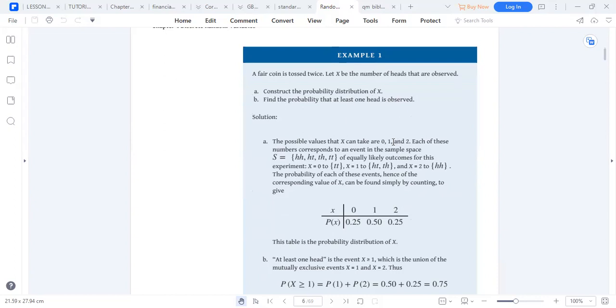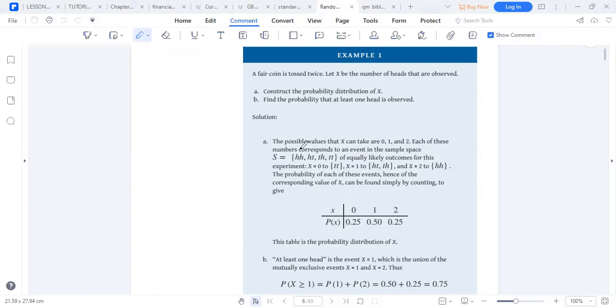To start with, if you're going to toss a coin twice, we're going to have the following sample space. When we toss for the first time, we get a head. When we toss for the second time, we get a head again. That is trial number 1. If we toss, we can get a head, then secondly, we get a tail. That's trial number 2.